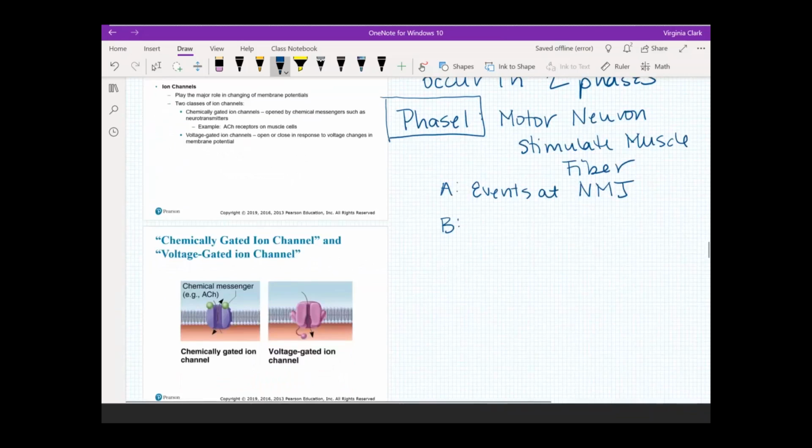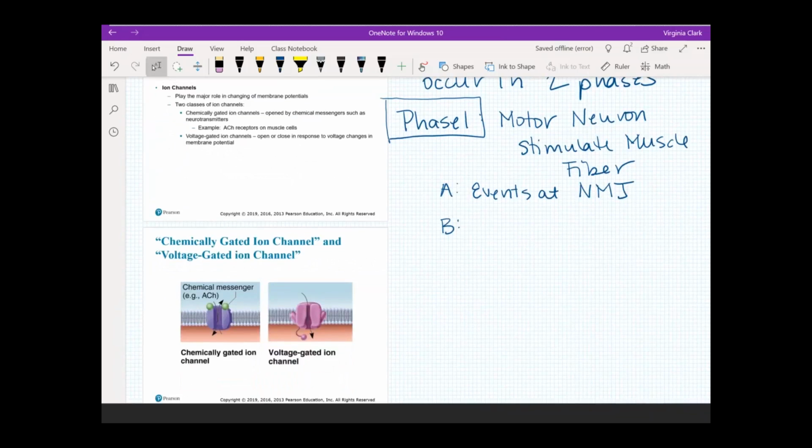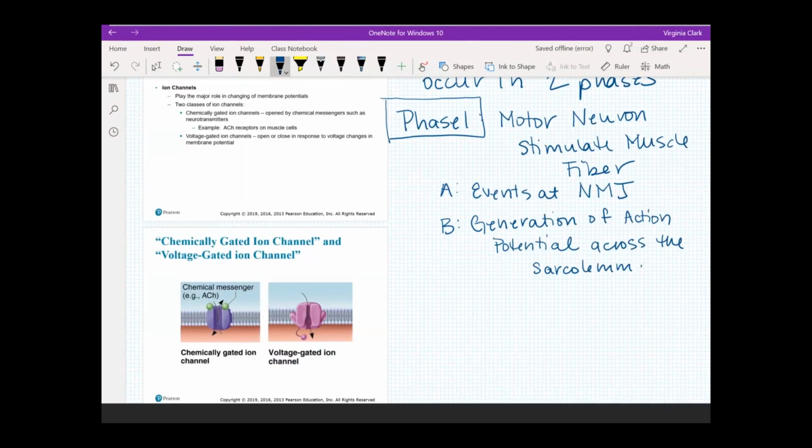And then after you have the events at the neuromuscular junction, you're then going to have a generation of an action potential, which is that communication in the nervous system, across the sarcolemma. So phase 1 is the motor neuron, the nervous system, connecting to the muscle fiber.